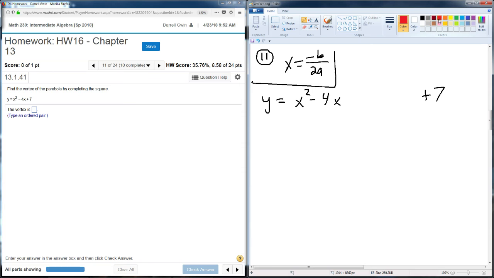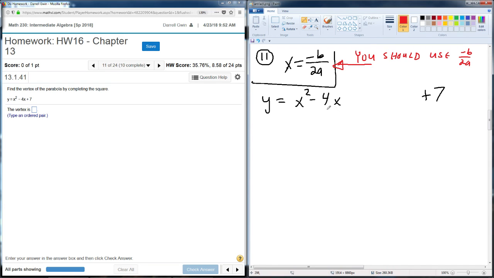But anyways, I'm going to do it, but just remember that you should never be doing this for finding the vertex. You should use negative b over 2a, not the way they say complete the square.